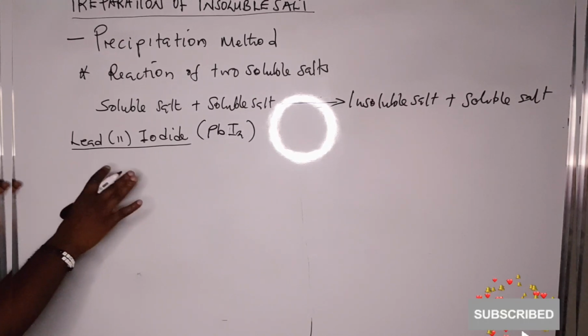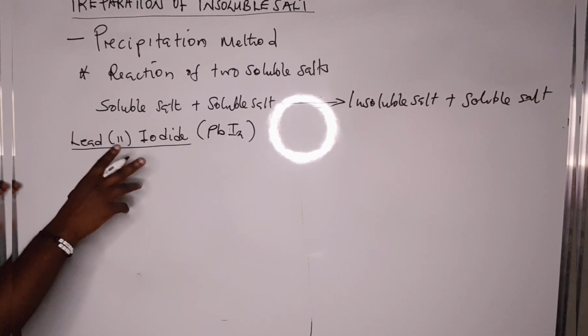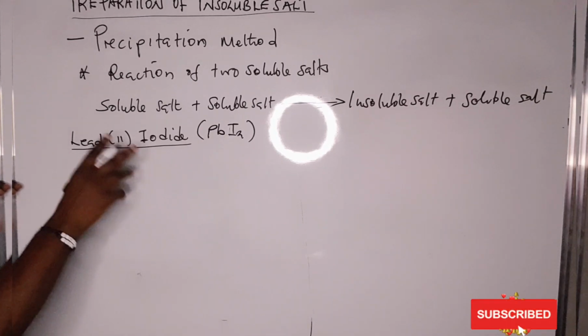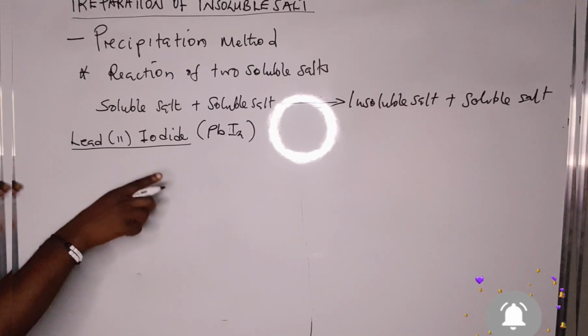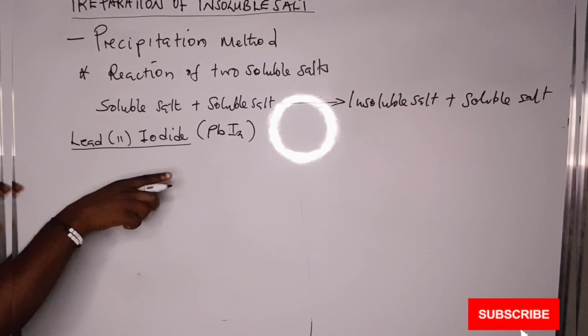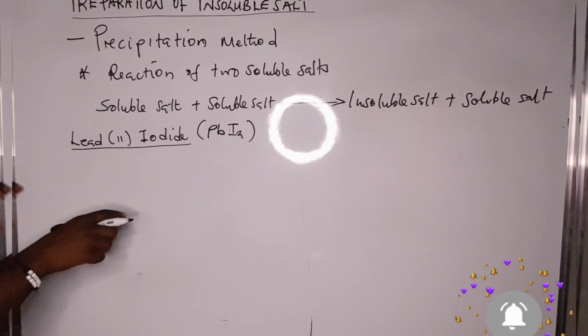So we have to ensure that we have two soluble salts where one soluble salt should contain the cations of the salt to be prepared, then another soluble salt should contain the anion of the salt to be prepared.